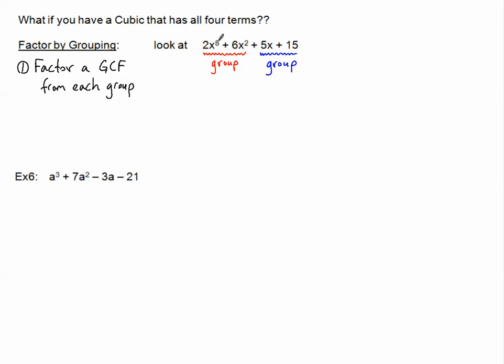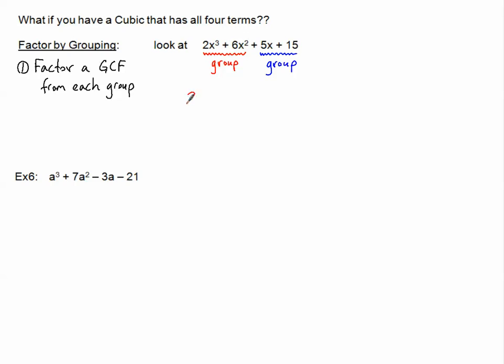Now, there is not a GCF among all four of these terms, no. But if I just group the first two terms together, there is a GCF. I see a 2 and a 6, so a 2 can be pulled out. I see 3 factors of x here and 2 factors of x here, so I can take out the 2 factors of x. That's the most that are in common.